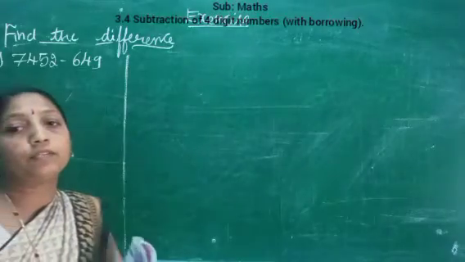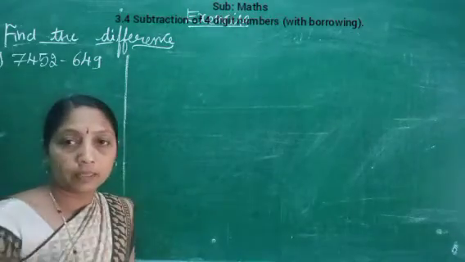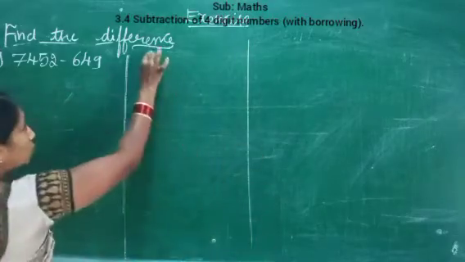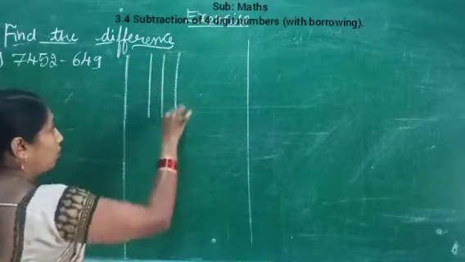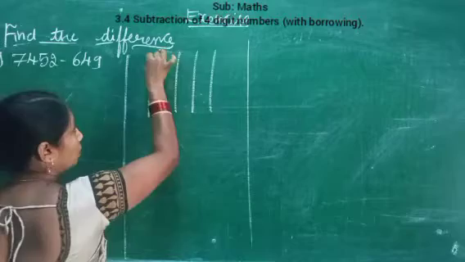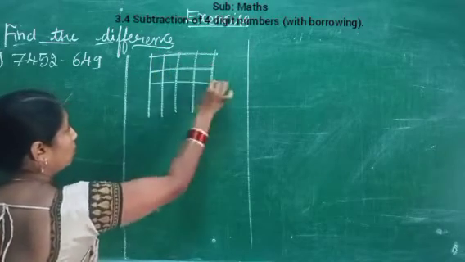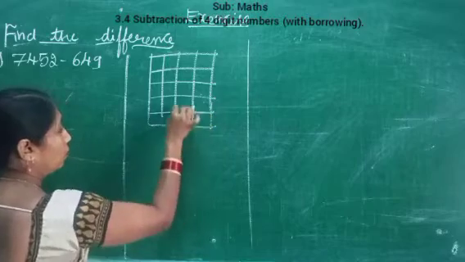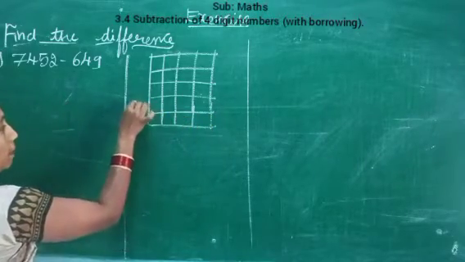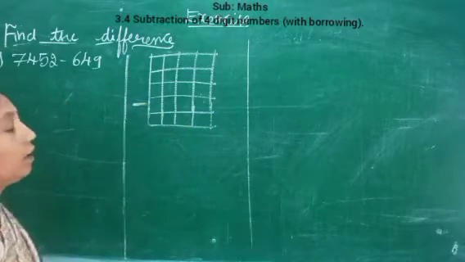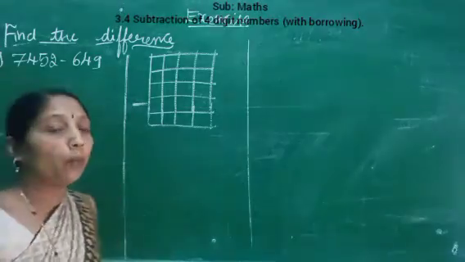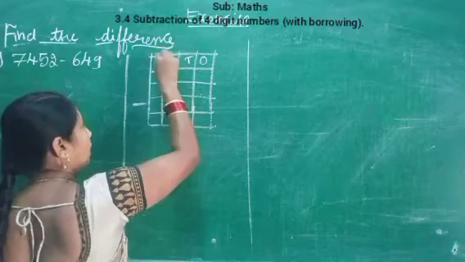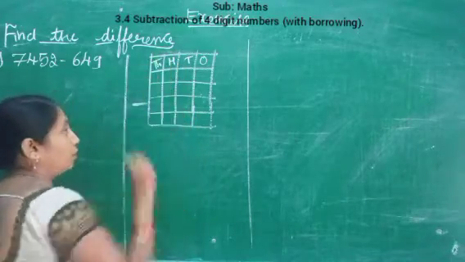Dear students, first we draw the place value columns. First you put the ones, tens, hundreds, then thousands.